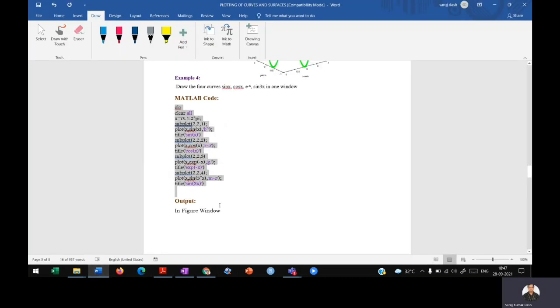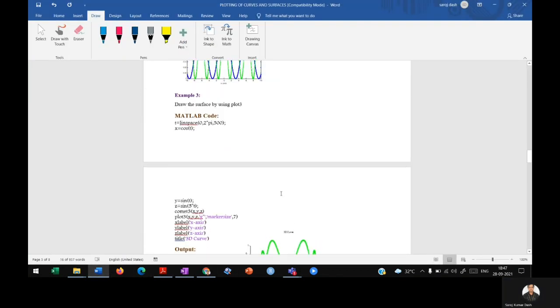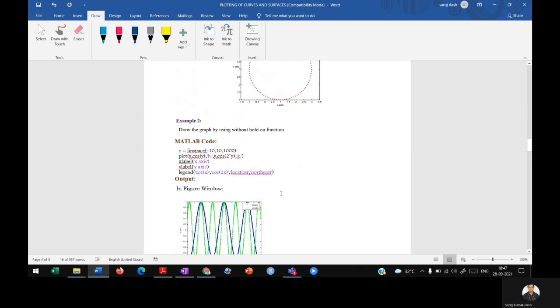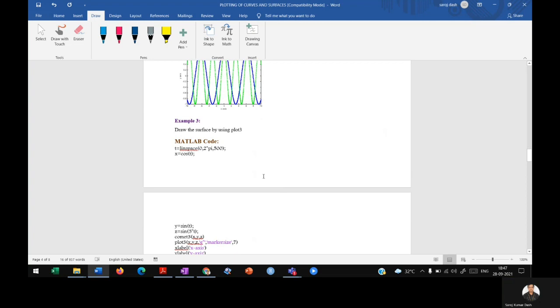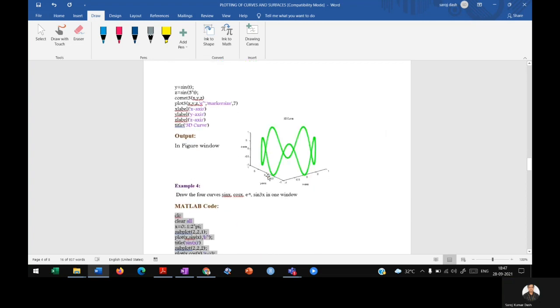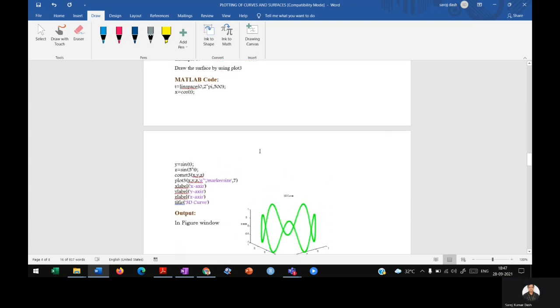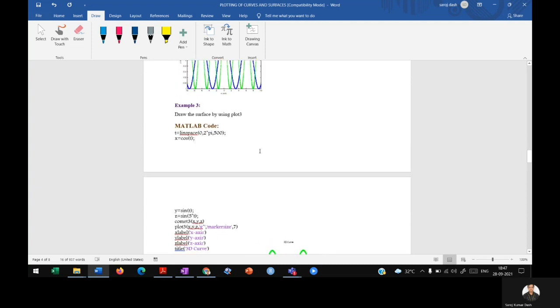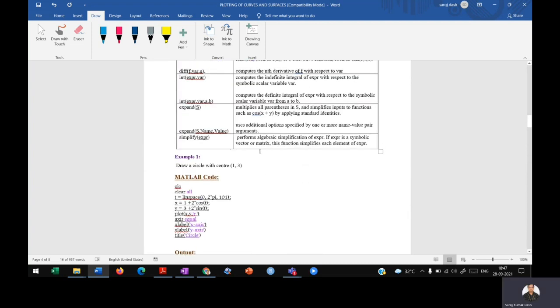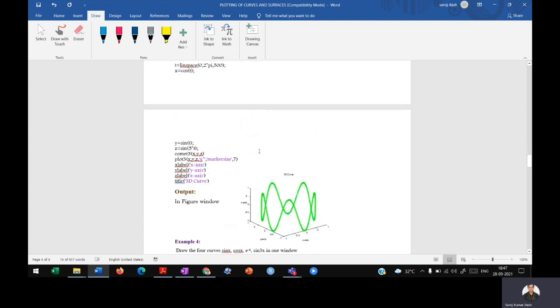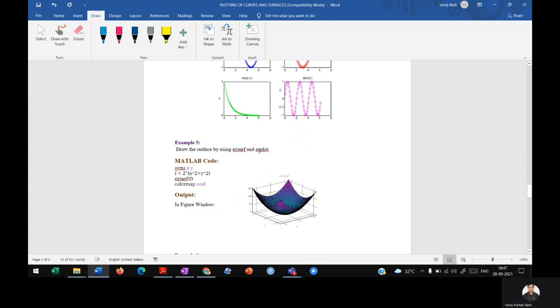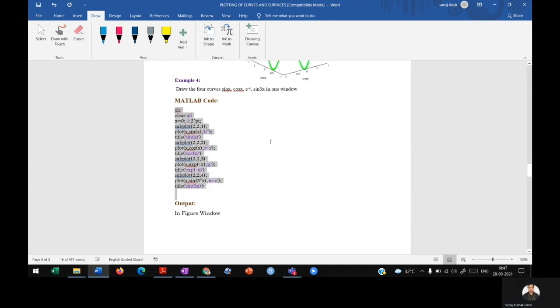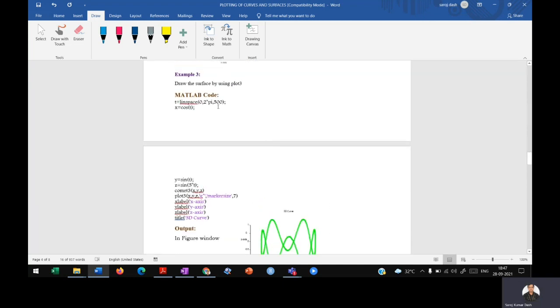Now we are going to draw surfaces for 3 dimensions. So now we are going to draw a 3-dimensional plot.